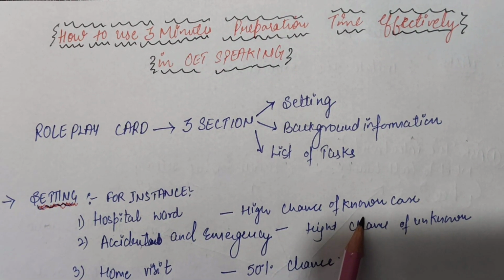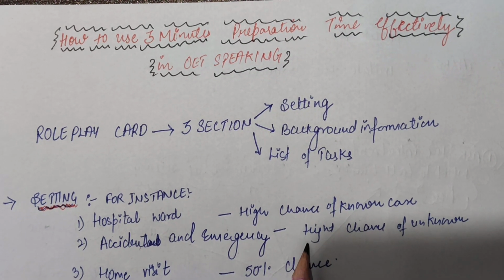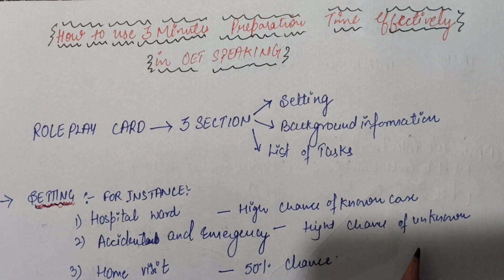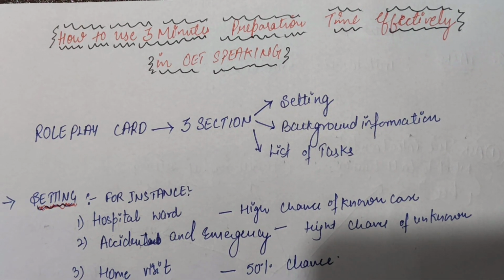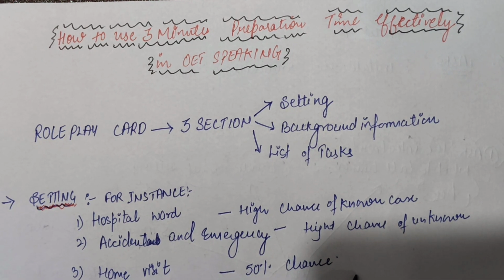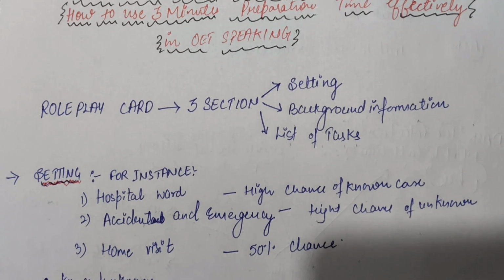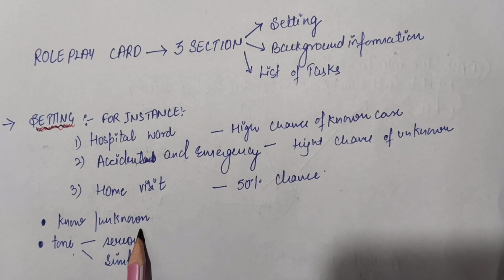In accident and emergency, the high chance is for an unknown case. And in a home visit, there is a 50% chance of a known case and 50% of an unknown case.